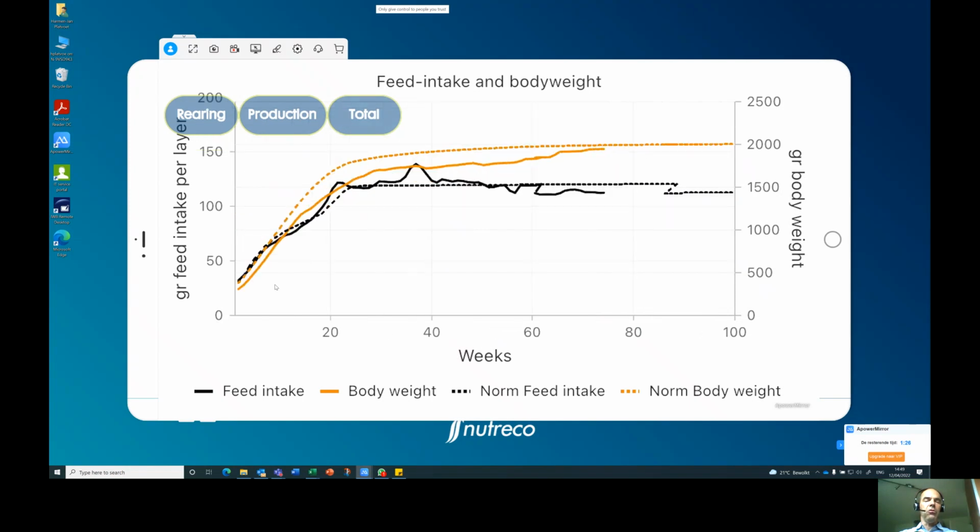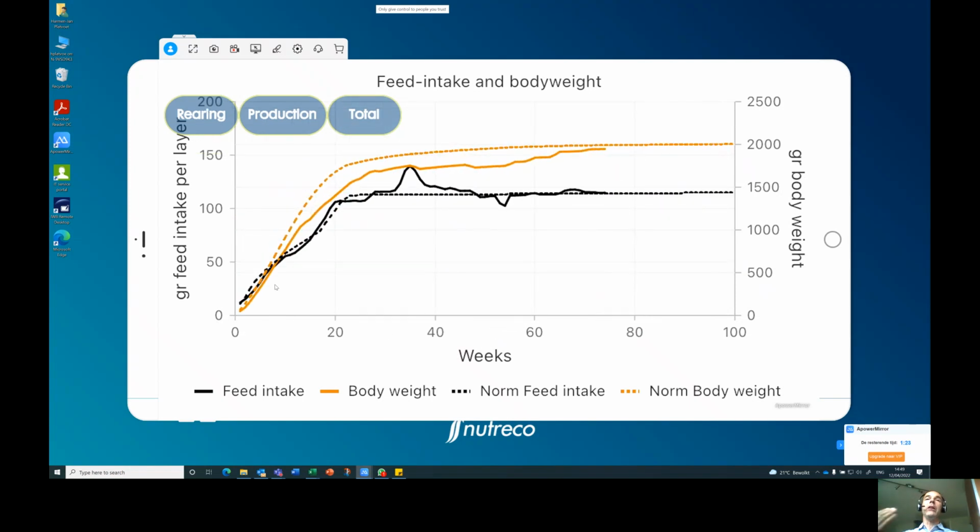And again, I can go to total, which gives you rearing plus production, body weight development, and feed intake development. And now it is nicely represented throughout the flock how the feed intake and the body weight compare to each other. Actually, feed intake is not that bad in this graph, but the body weight is very bad. It's far below the standard.